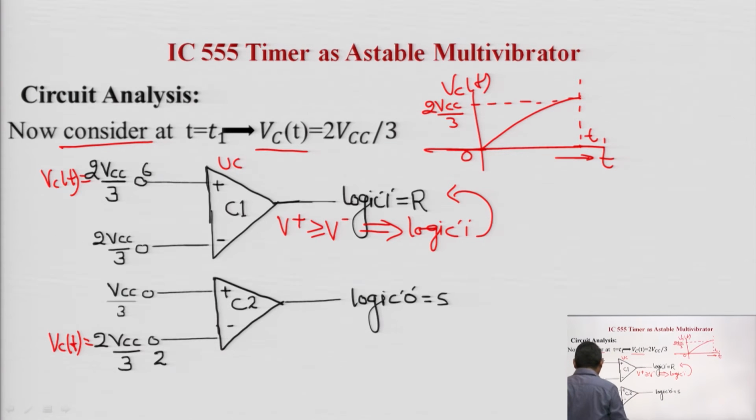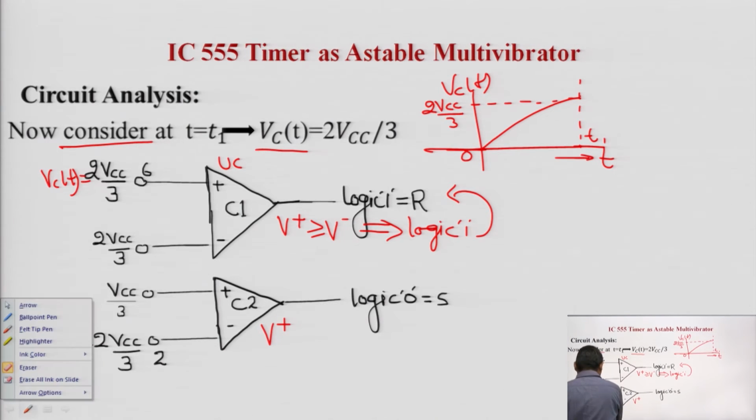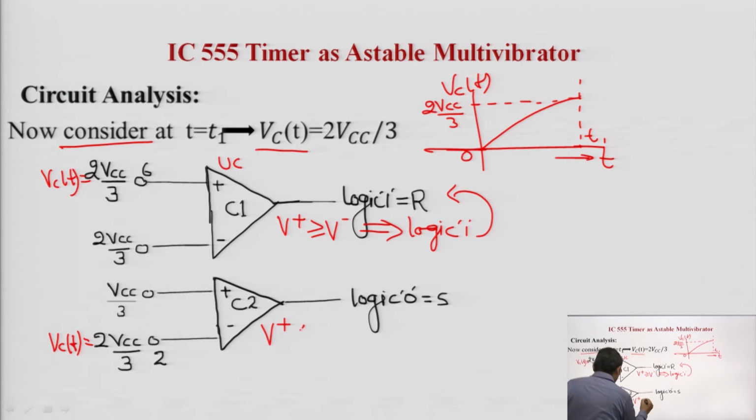In the second case, V plus, the positive terminal of op-amp C2, is less than V minus, which means the output is logic 0.